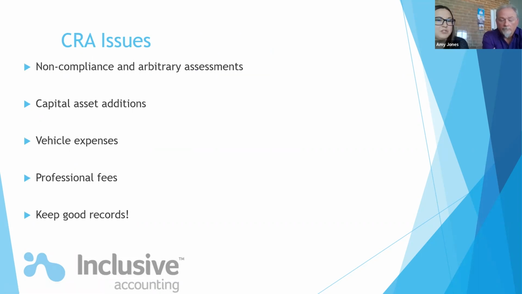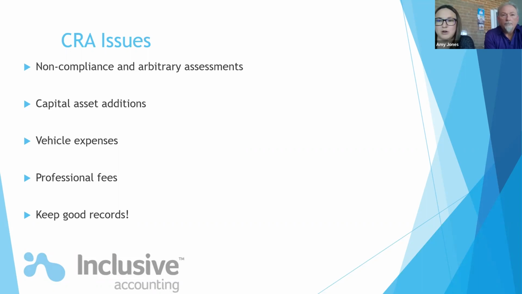Perfect. So next we're going to briefly touch on a couple of CRA issues. The first one we wanted to touch base on is non-compliance and arbitrary assessments. So this comes into play, say you have now registered for an HST number, but you have failed to file an HST return for a certain period. What CRA can actually do is go in and do an arbitrary assessment, which basically just estimates what they think you're going to owe and says, pay us this amount.